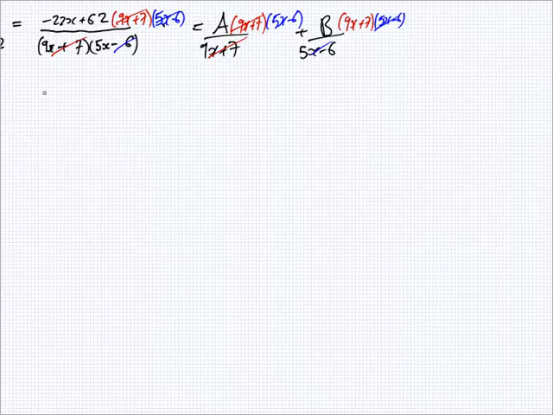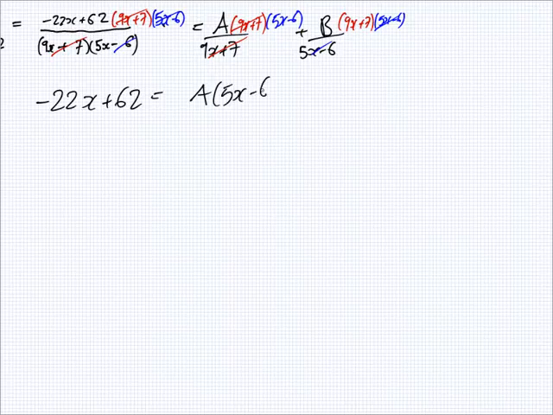So now I'm left with minus 22x plus 62 equals A times 5x minus 6 plus B times 9x plus 7.